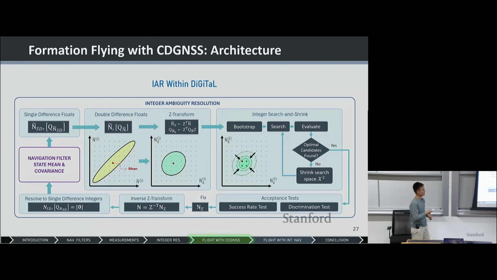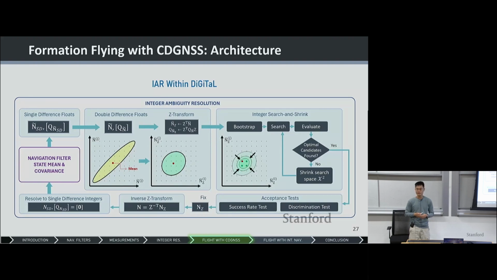If you treat these as pure floating point numbers, a perfect LDL decomposition would give you a perfect sphere. If you consider the integer constraints, it will be as close to a sphere as the integer constraints allow. That's the high-level explanation for the Z transform.